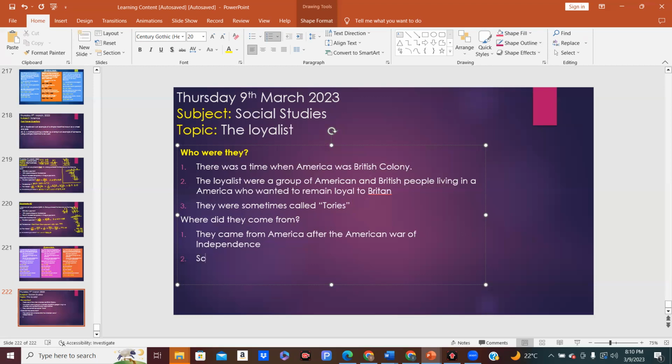Some locations in America where the loyalists came from was St. Augustine, and that's in Florida.